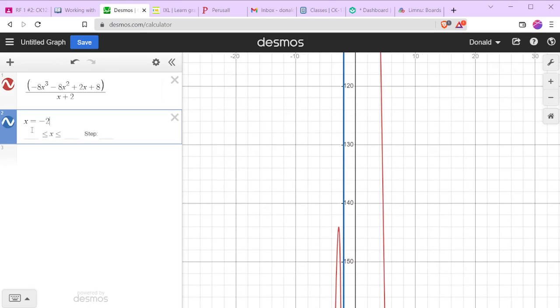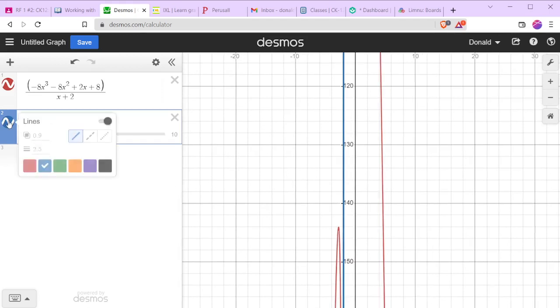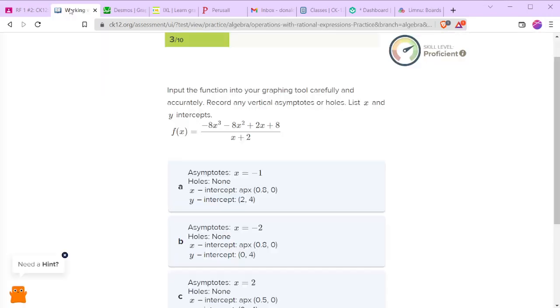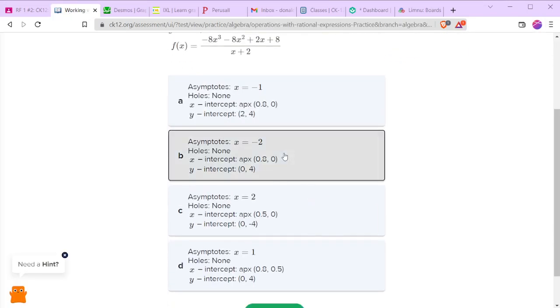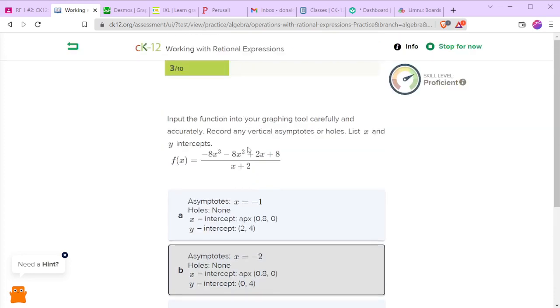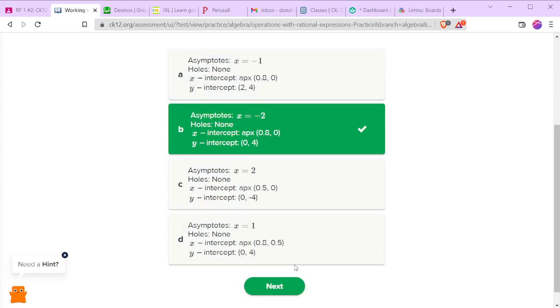But x equals -2 is indeed an asymptote for us. It will never cross that line. Now, only one of these has x equals -2 as an asymptote. So we don't have to bother looking at the rest.